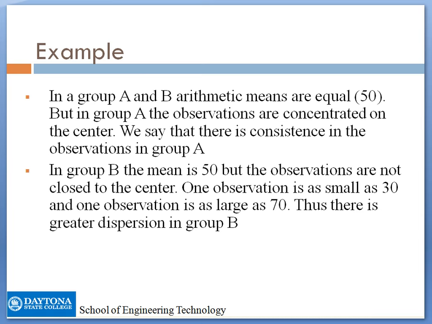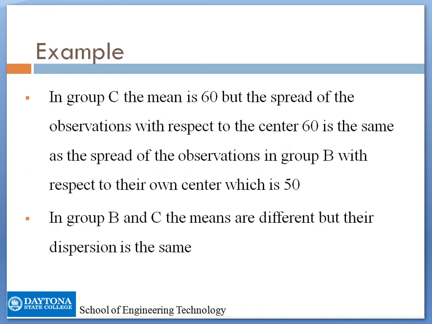So one observation is as small as 30 and the other observation is as large as 70. And this type of data will give us the range. So it means that there is a greater dispersion in group B. In group C, the mean is 60, but the spread of the observation with respect to the center 60 is the same as the spread of the observation in group B with respect to their own center, which is 50.